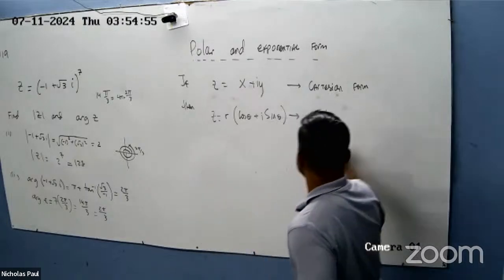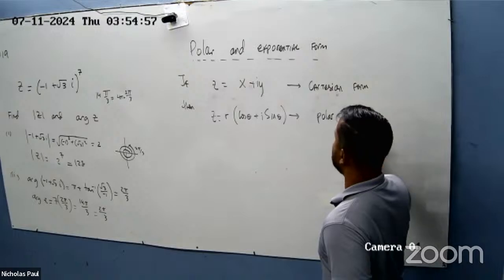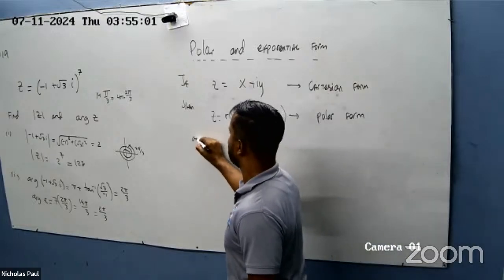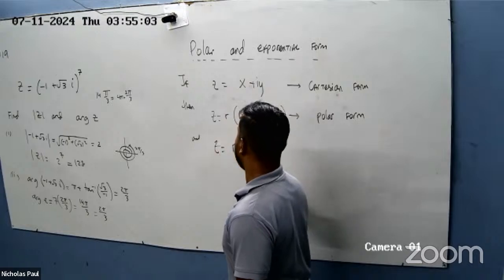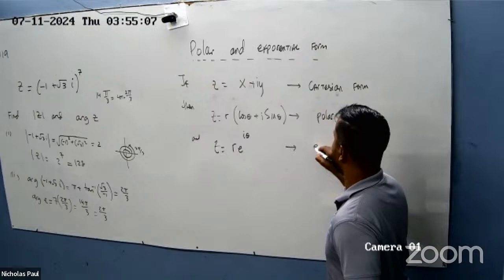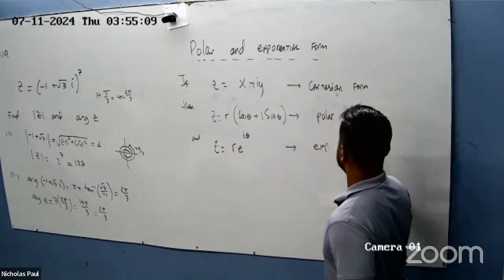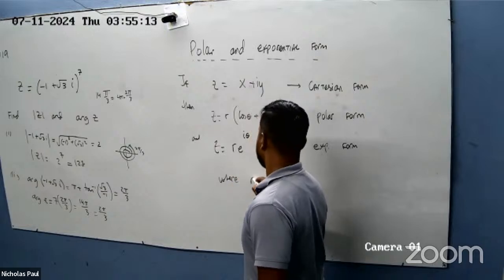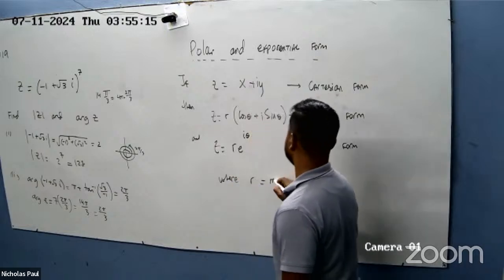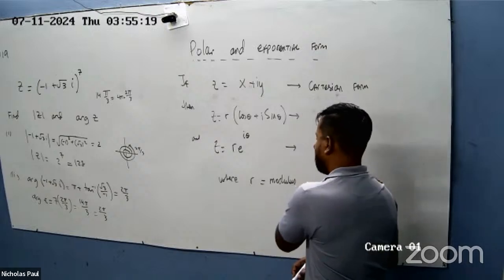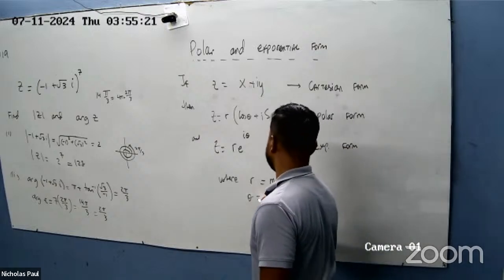And then z is equal to r e to the i theta. This is what we call our exponential form, where r is the modulus and theta is the argument.